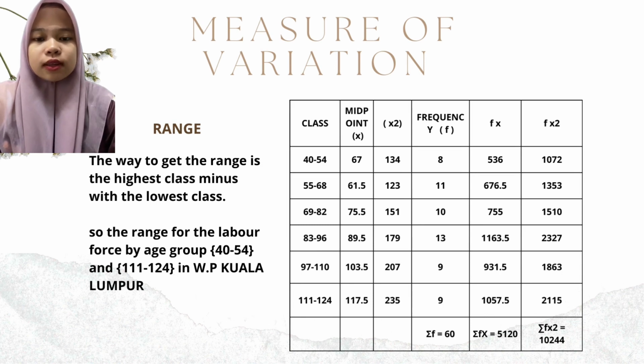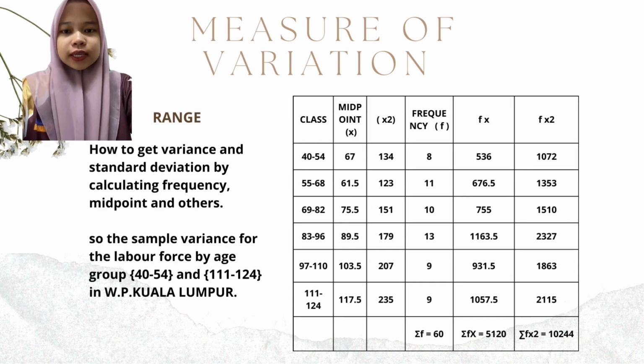As you can see, this is the table of the classes of each age group. Next, for the measure of variation, we find the variance and the standard deviation by calculating the frequency, midpoint and others.